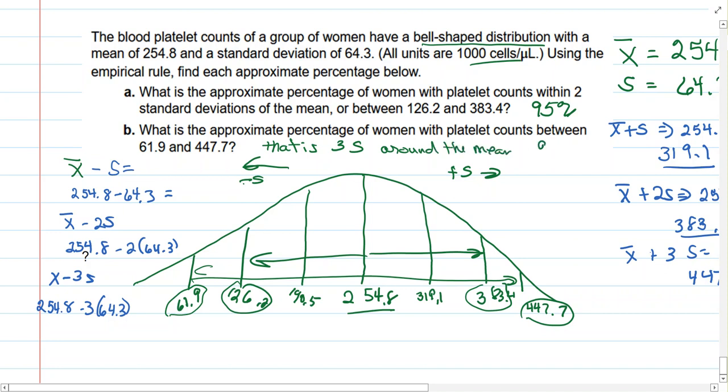So that puts it at 99.7%. I thank you so much for listening. This is one of the fundamental reference tools we use in statistics if it is normally distributed. Thank you.